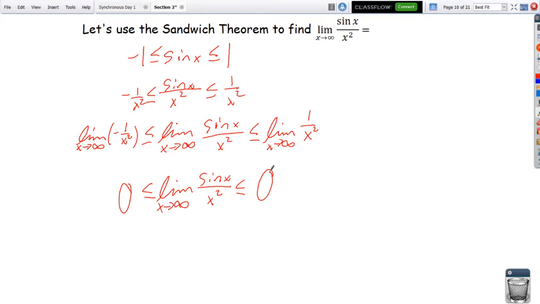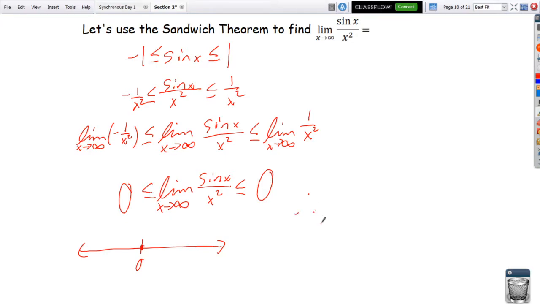And now, I don't know what the limit as x approaches infinity of sine of x over x squared is, but I happen to know, again, bringing it back to this number line, since we're talking about the or equal to on the inequalities, we'll put 0 in the center of my number line. This value is somewhere in between 0 and 0 inclusive of 0.